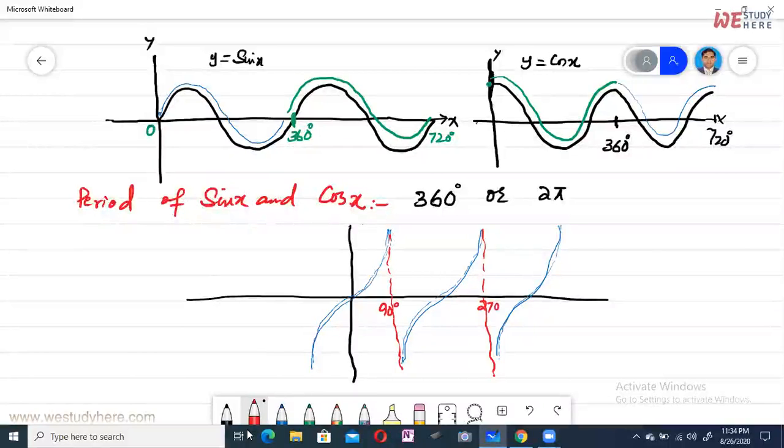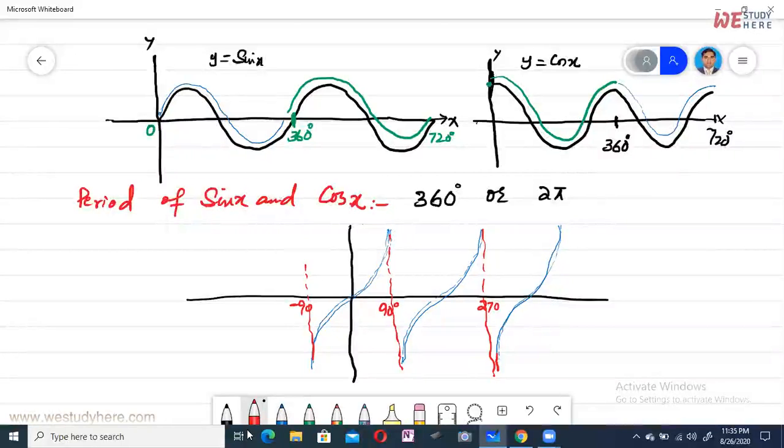From 90 to 270, or from minus 90 to 90, this period is 180 degrees. From minus 90 to plus 90 is also 180 degrees.